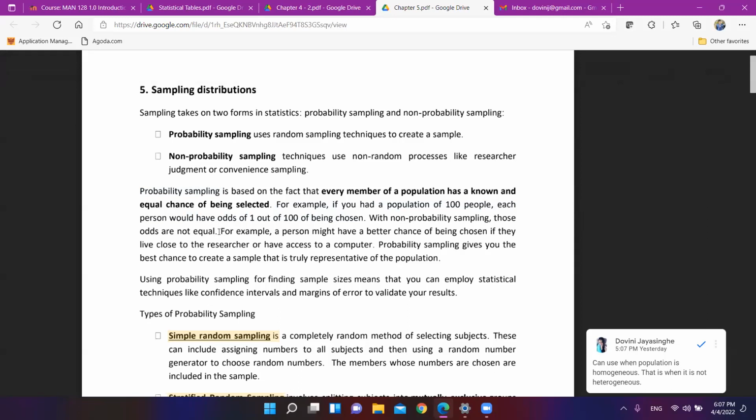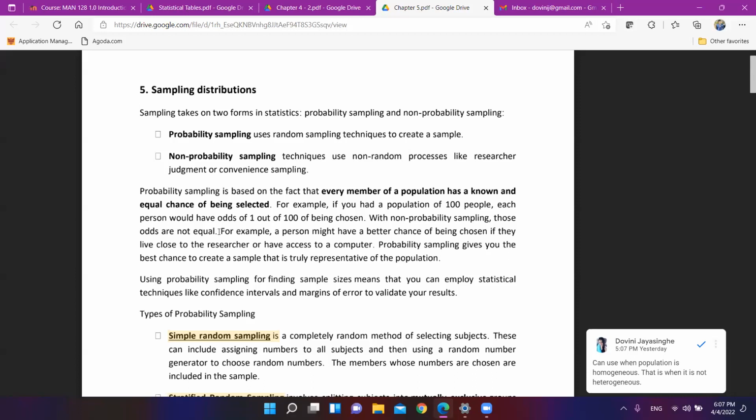If I'm a teacher teaching a classroom in a school, and some inspector is coming to examine my work, I might ask the best student to show their book or to answer the questions. That is judgmental sampling. If I randomly pick someone to see the condition of the class, that is probability sampling.